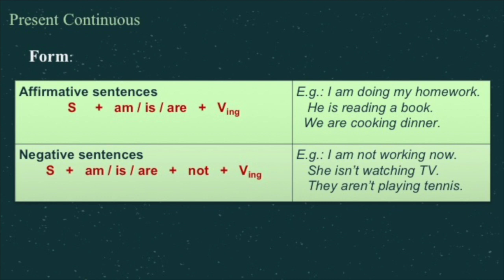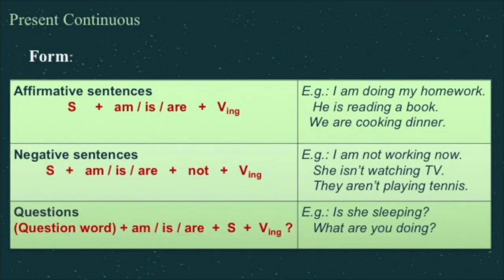For example, I am not working now. She is not or she isn't watching TV. They are not or they aren't playing tennis. And to make questions, we use am, is, or are, and then subject, and then verb with -ing. Like, is she sleeping? What are you doing?